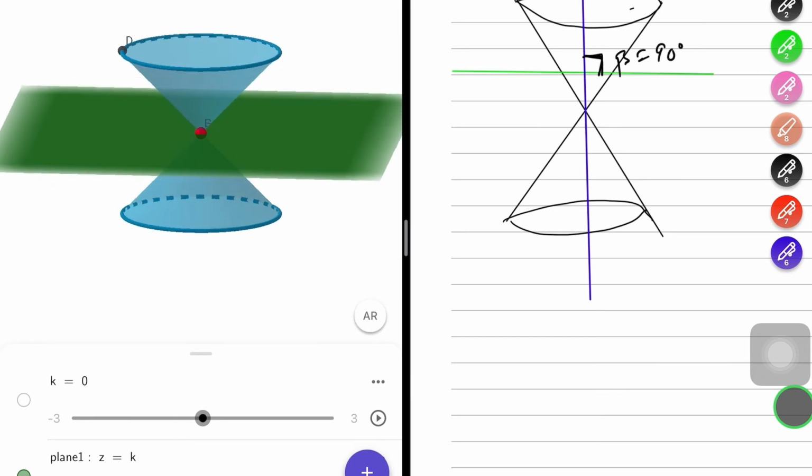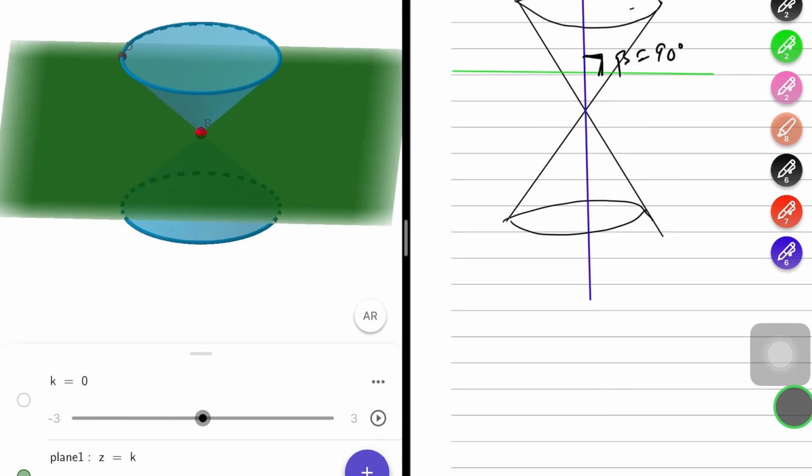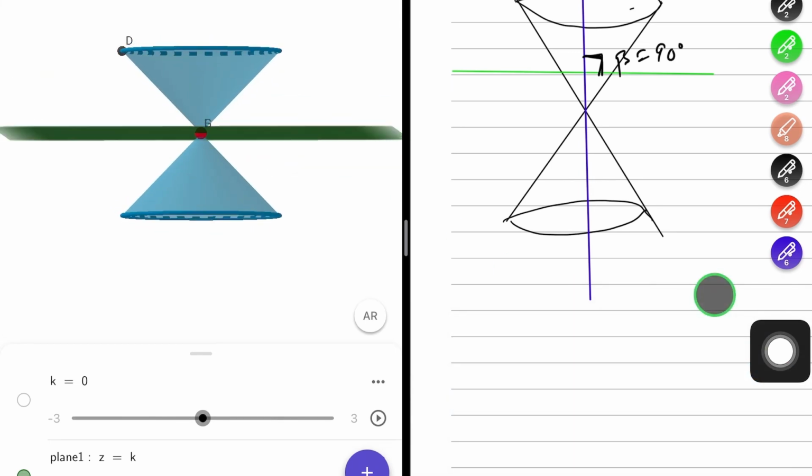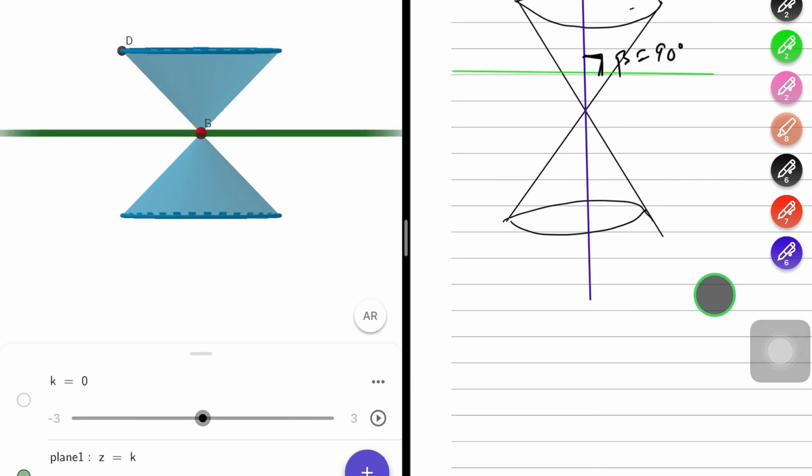We observe that the intersection of a plane and a cone is a point. This is a plane, this is a cone, and in this case the plane passes through the vertex of the cone, so that is a degenerate case. This is a cutting plane which passes through the vertex of the cone. That's why we are getting a point as the conic section between the plane and the cone.